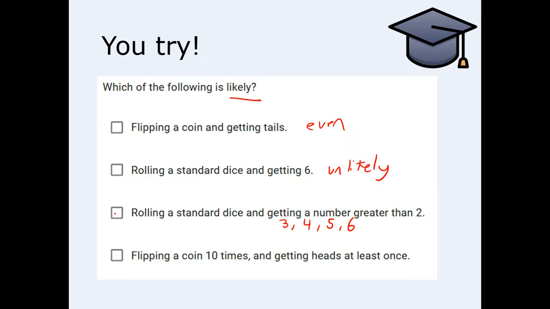So actually, you are quite likely to get one of those when you roll a dice. And flipping a coin 10 times and getting heads at least once, again, that's very likely to happen. If you keep flipping a coin over and over, you're probably going to have it land on heads, assuming that this is a fair, unbiased coin. So, in other words, a normal coin that's not a trick coin.